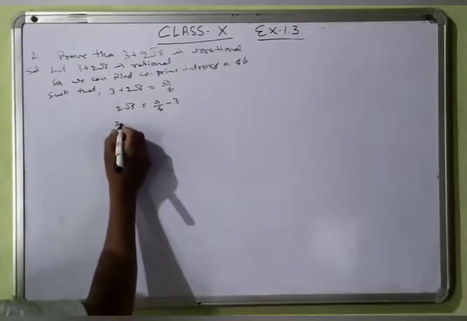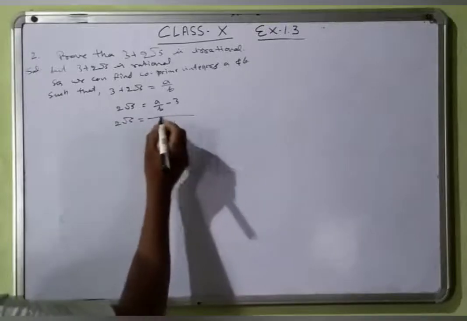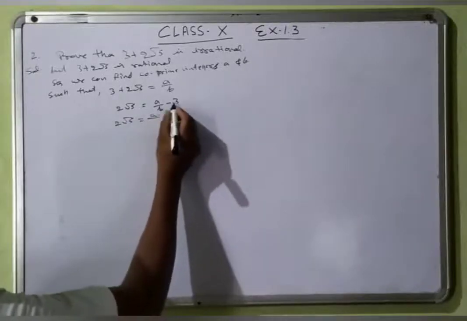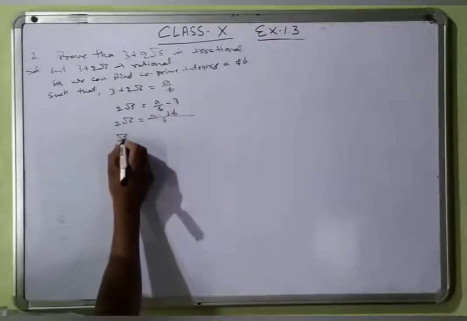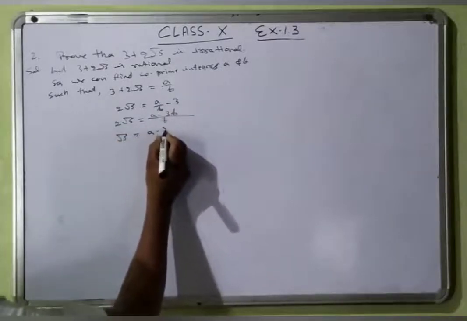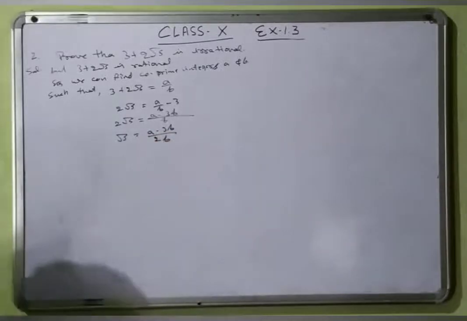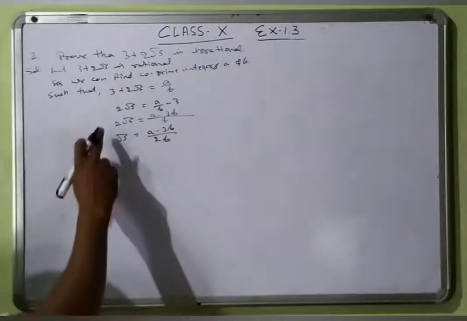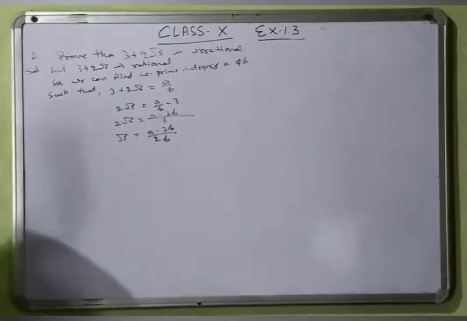So 2 root 5 is equal to a minus 3b upon b, taking the LCM. By cross multiply, this goes to 2b, so root 5 is equal to a minus 3b upon 2b.